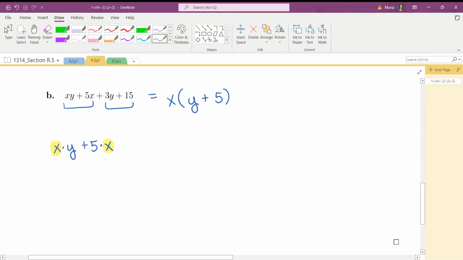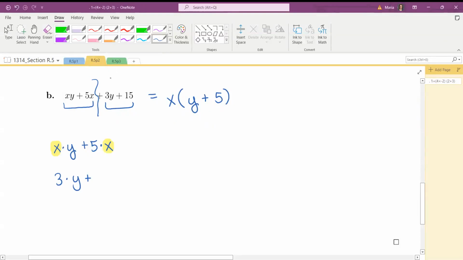Now we're going to move on to the second pair, which is positive 3y plus 15. So that's 3 times y plus 15. If we're just looking here at the numbers, you're going to have to factor out a number because the first term has a y, but the second term does not.